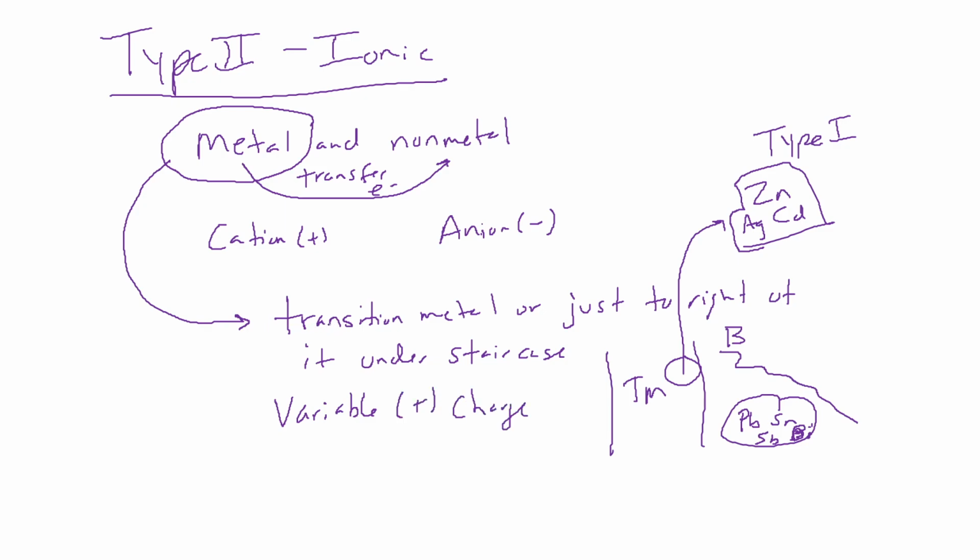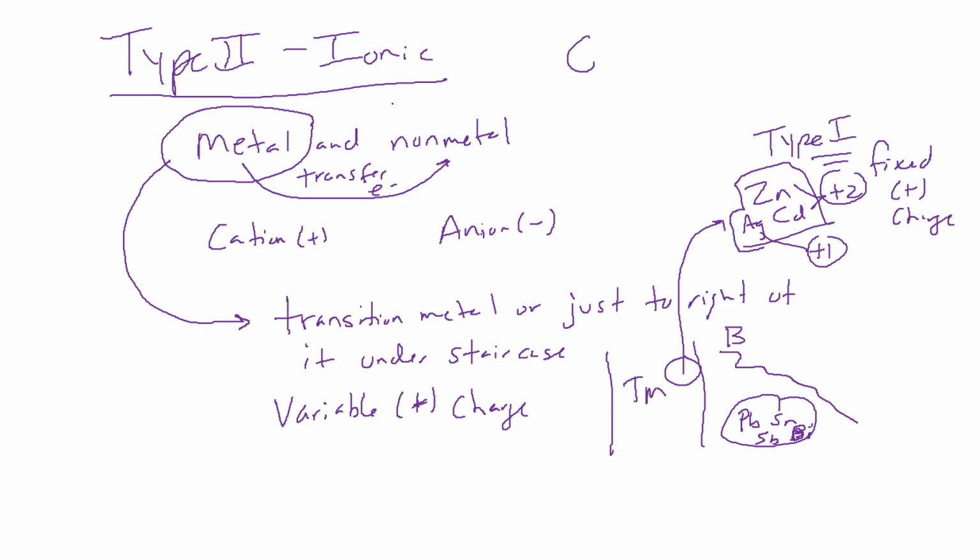So depending on the situation, that metal may be +2, maybe +1, maybe +3. That's different than type 1, which has a fixed positive charge. For example, zinc and cadmium are always +2, and silver is always +1. So those are not included in type 2. Type 2 will have a variable charge.